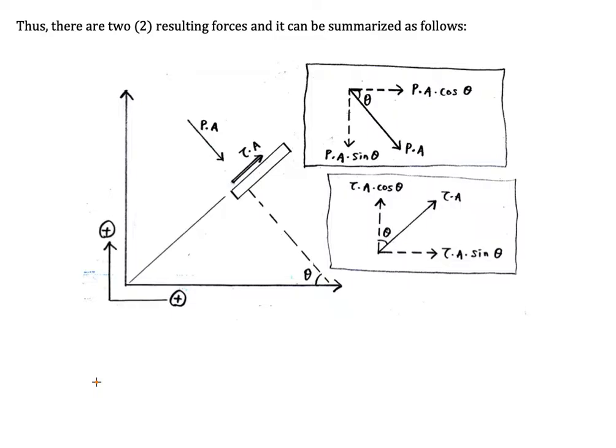For example, if we have a force here with P times A, we could have the x and y components as shown here, and the force that comes from the shear stress will give us components of this one.